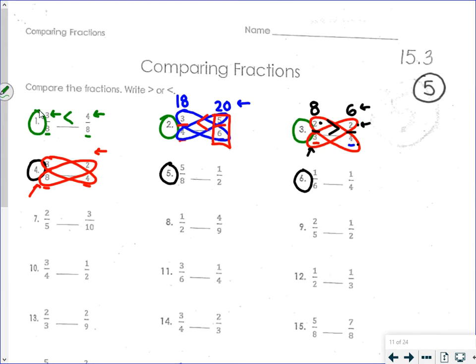Okay, so 8 times 2 gives us 16. Now 4 times 3 gives us 12. Okay, so I'm going to write that above here because I used this numerator. Okay, so now I look at this one and I look at this. Which one's greater? 2/4.